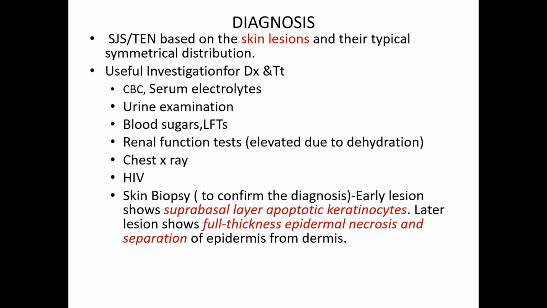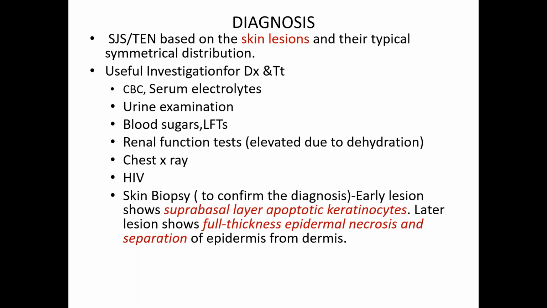Diagnosis is most of the time a clinical diagnosis. No special investigations are required for diagnosis, given a history of typical drug intake. Investigations are required for treatment purposes only, like serum electrolytes, which are most commonly involved, CBC, urine examination, blood sugar, liver function test, renal function test, and HIV.